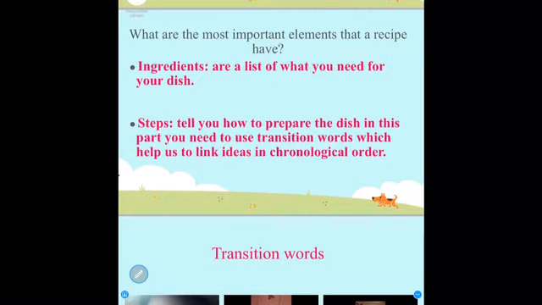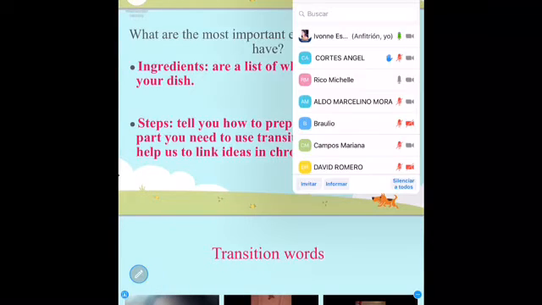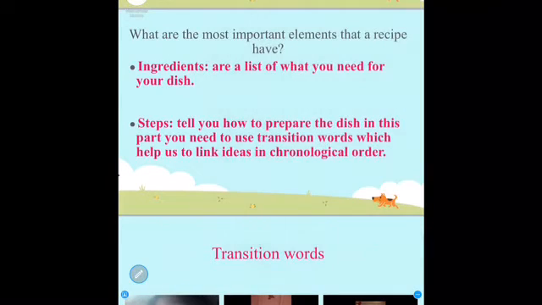Steps: the steps tell you how to prepare the dish. In this part, you need to use transition words, which help us link ideas in chronological order.